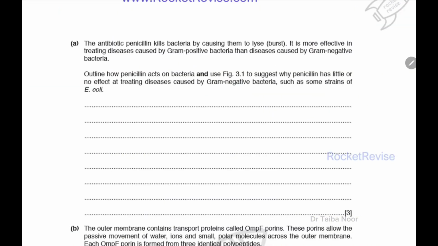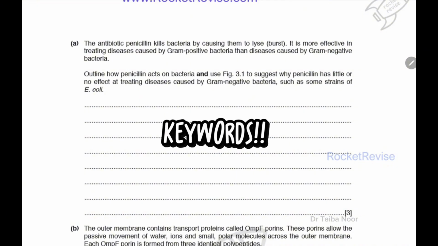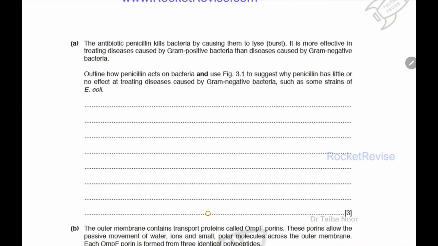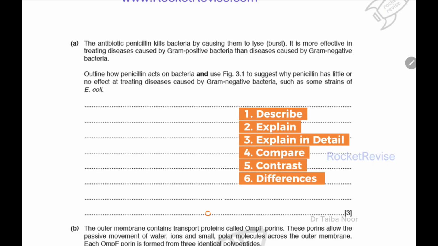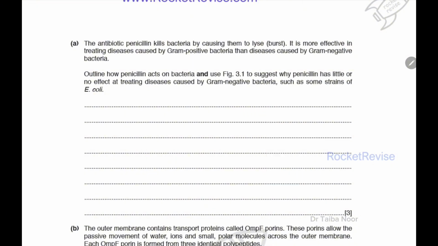Now, outline. Here comes the keyword, outline. You need to understand what the keyword of the question is. Either it's saying describe, explain, explain in detail, compare, contrast, differences.